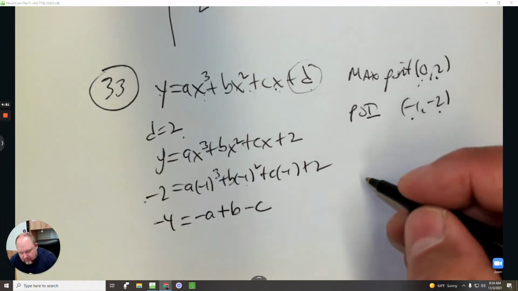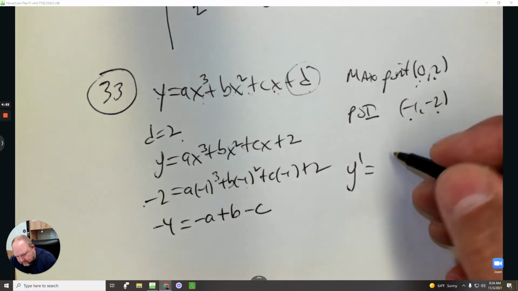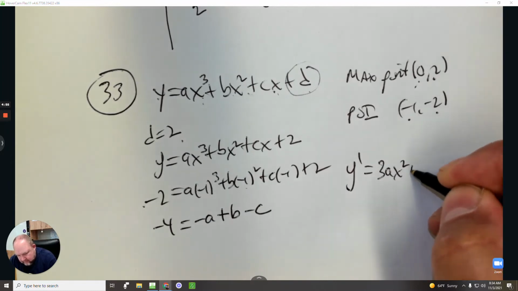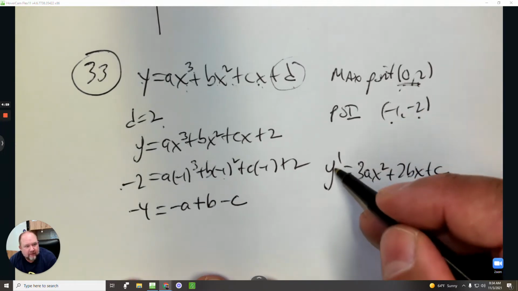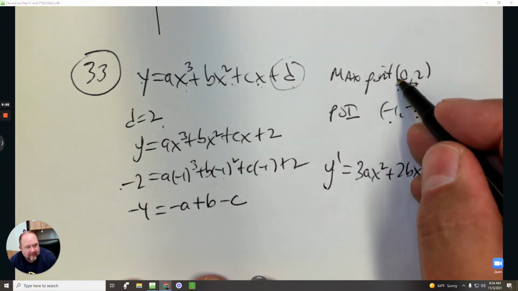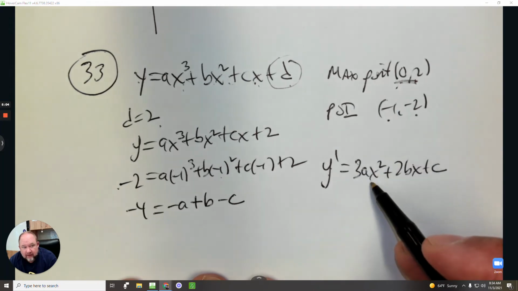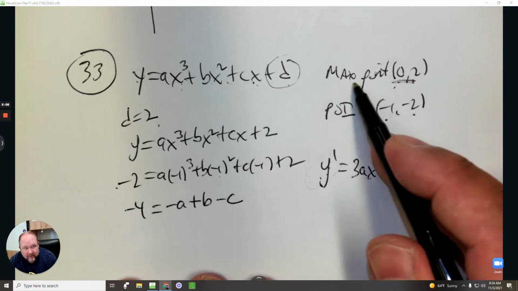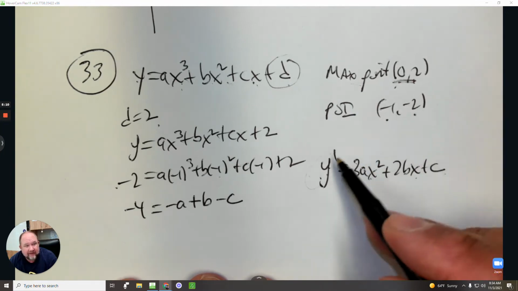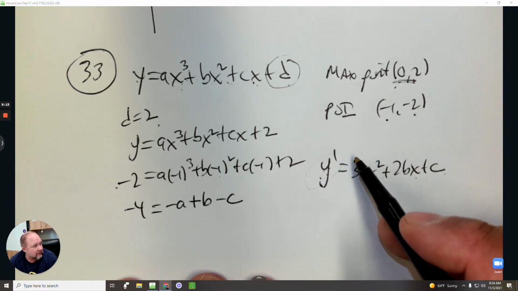Now I'm going to take the derivative. If this is a max point, when I take the derivative at 0, the answer is 0. So if I plug in 0 for x, the answer is 0. So the derivative is 0 at a max point. So that means c is equal to 0.